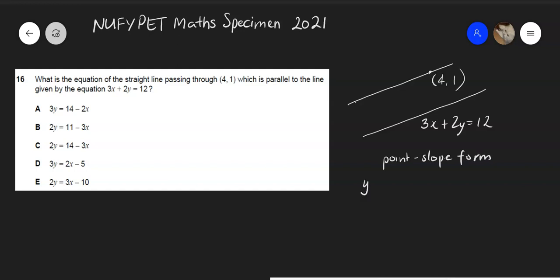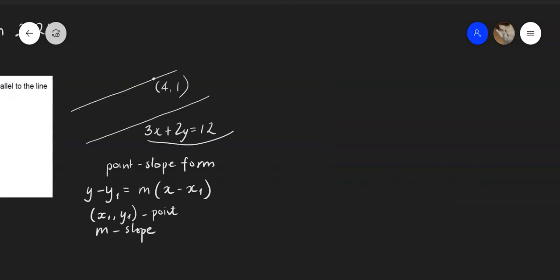That will be y minus y1 equals m times x minus x1. x1, y1 are the coordinates of the known point on the line, and m is the slope of the line. So let's find the slope of the line. From the given equation of the straight line, we just need to extract the slope m.